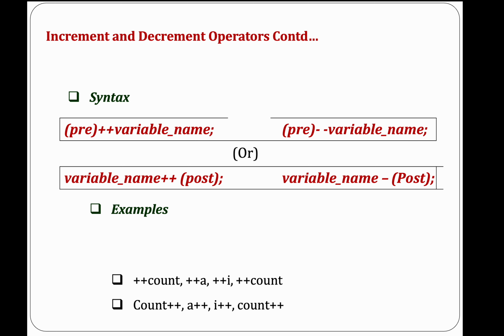Pre means before, so the operator comes first and is followed by the variable name. Anyhow, a unary operator means one operand. The operand is either a variable name or a constant value. Pre means the operator is present before the variable name. Post means after the variable name.